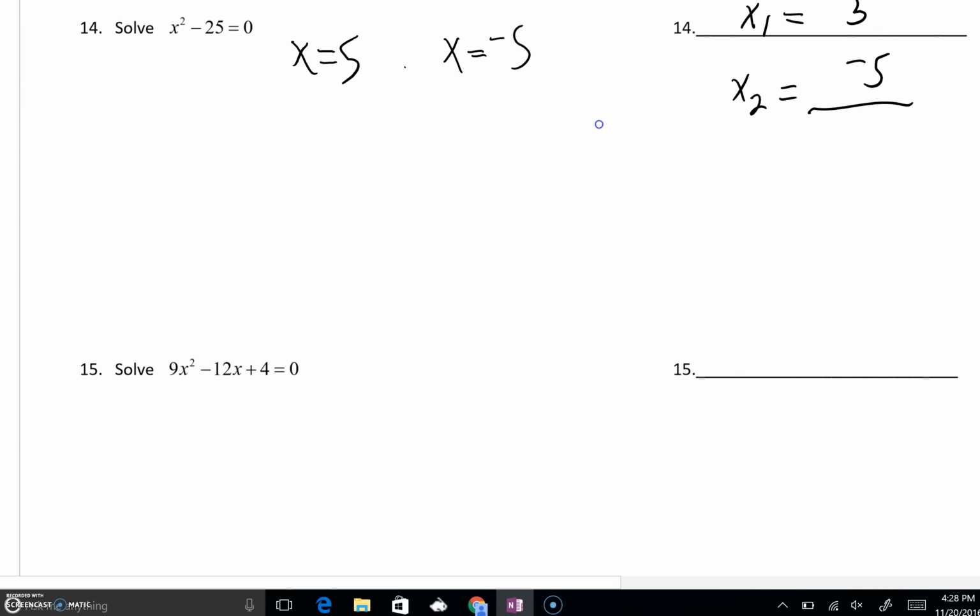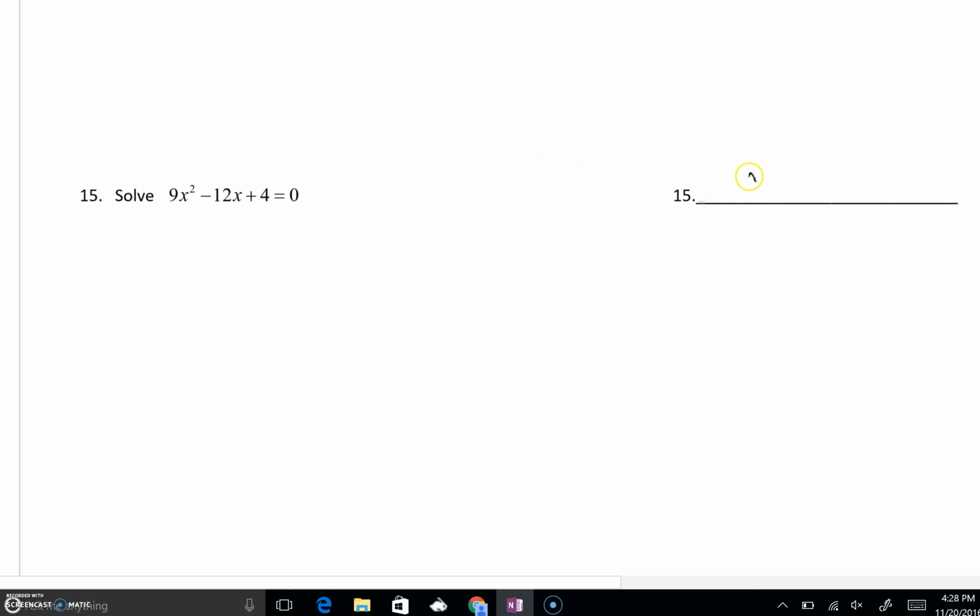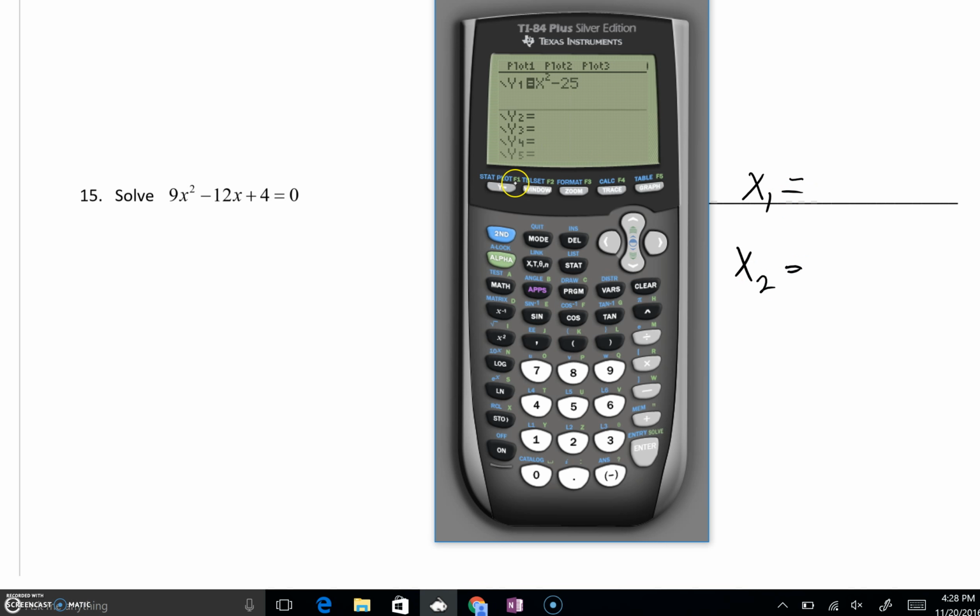Finally, as we take a look at number 15, our very last one, again, very similar. We need a new answer space here. We could get some assistance by typing out the equation, 9x squared minus 12x plus 4.